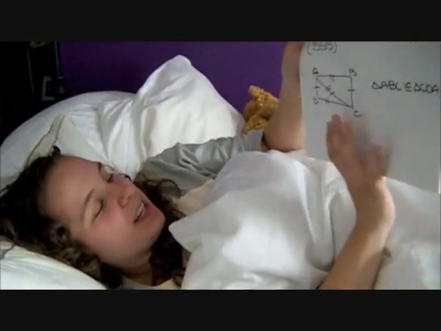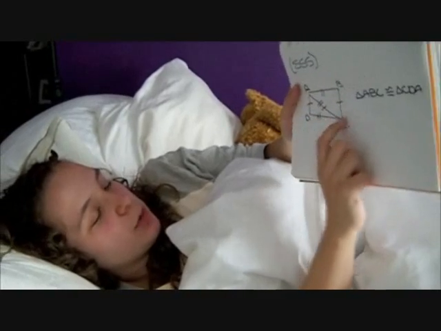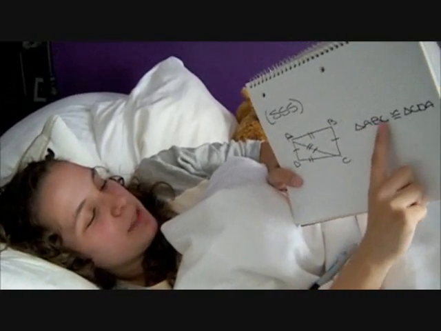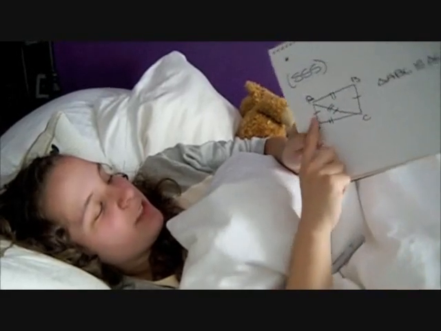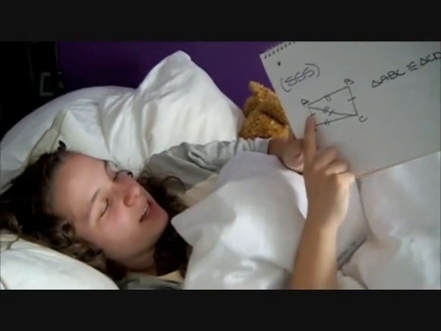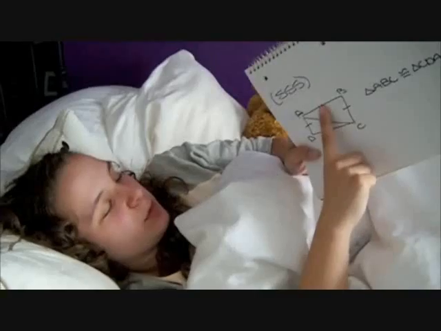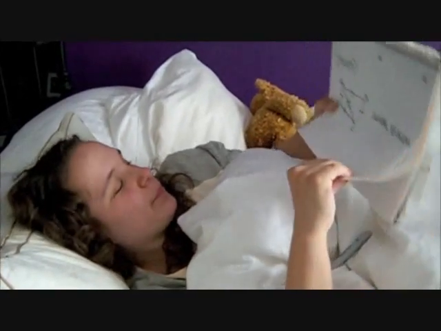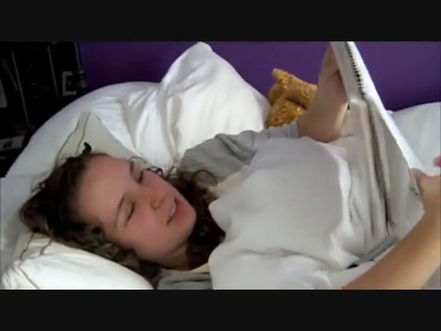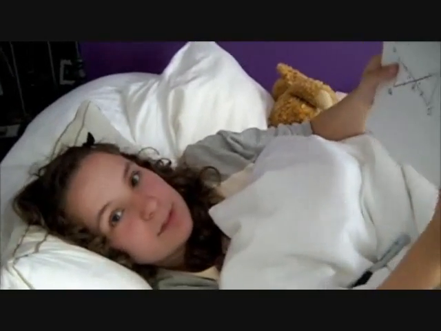With the side-side-side test, each side is equal to the corresponding side. So triangle ABC is exactly equal to CDA. We can tell by these lines here that this side is equal to this side is equal to this side, and these triangles share the same side, so that means they're the same, making both triangles identical. I've never seen that before.